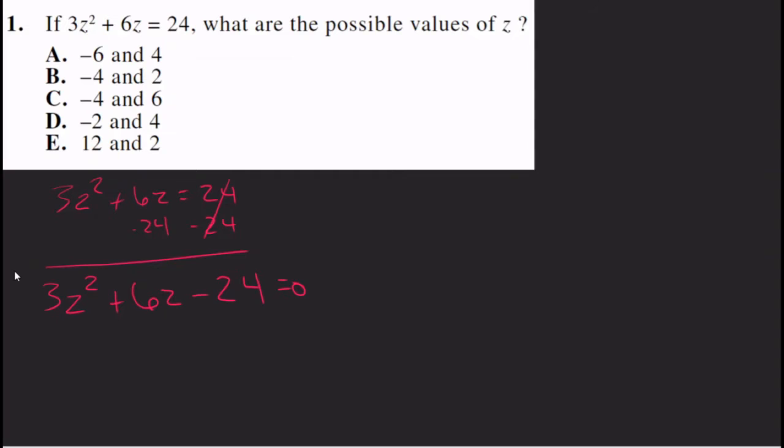Lovely quadratic equation there. Now, the first thing I'm going to notice is that all three of these terms in this quadratic are actually divisible by 3, and so I'm going to factor out a 3 of all of these.